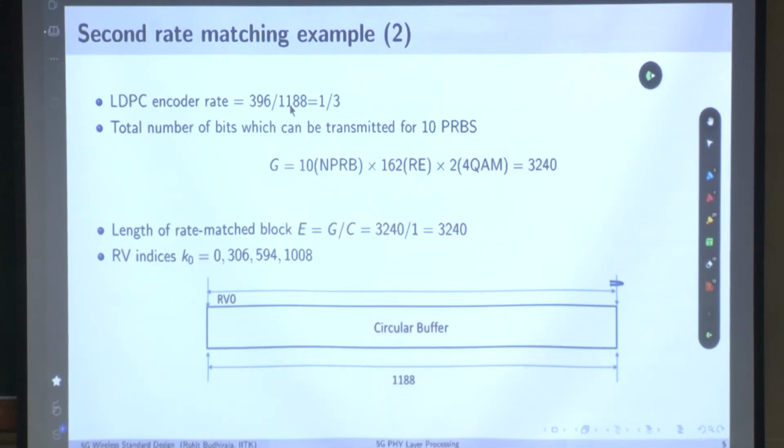N is the circular buffer, and let's say you are transmitting RV0. How many bits are you allowed to transmit? 3240. What will this rate matching module do? It will start reading from here, 1188. It will see that it has still not finished 3240, go back and reread. That's where circular buffering is used.